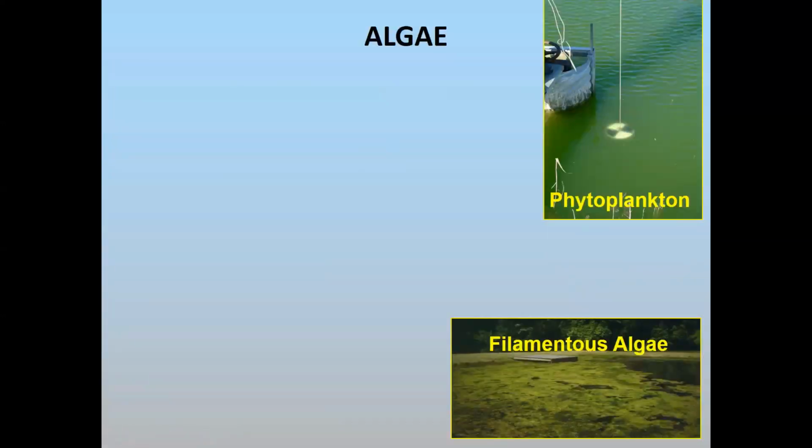So we talked about the algae. This is the phytoplankton here on the upper right, and then filamentous algae. This is where I get a lot of calls from pond owners. I've got this mat of long stringy plant material. What is it? And you can see on the bottom right, this is a heavy infestation and how that could interfere with various uses.